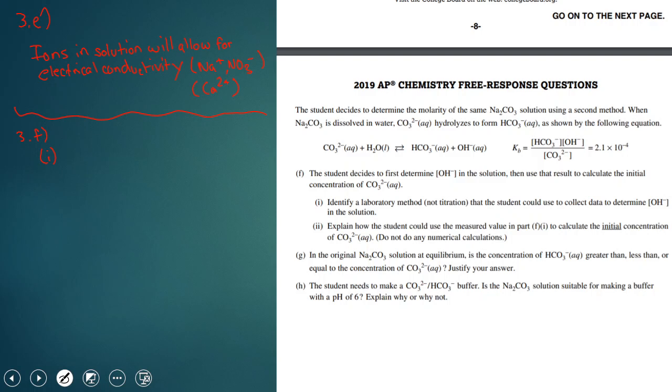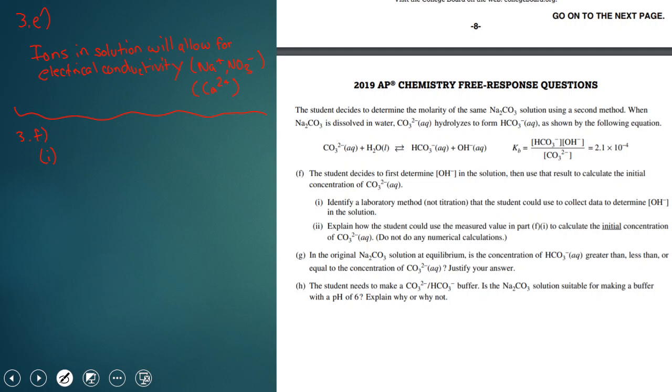Well, isn't this a great question? Because they've explicitly said not titration, and usually students will default to titration or redox titration, depending on the scenario, whenever they see a lab method, because of how common it is. So what exactly can we do in the lab? Well, does it really need to be complicated? Just think about that. Does it really need to be complicated? No. What exactly can we use the concentration of OH for?